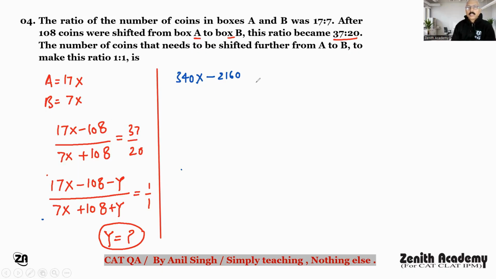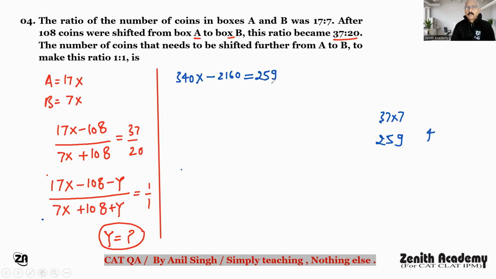And here it is 37 into 7. 7 sevens are 49, and 7 threes are 21 plus 4, 25, so it is 259.